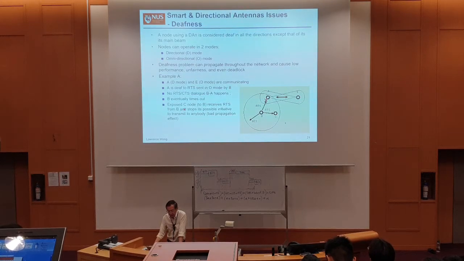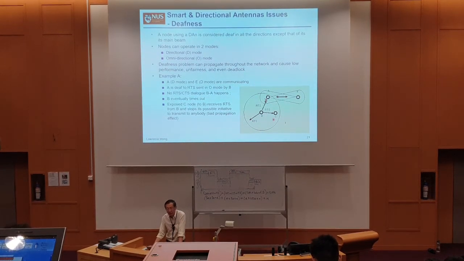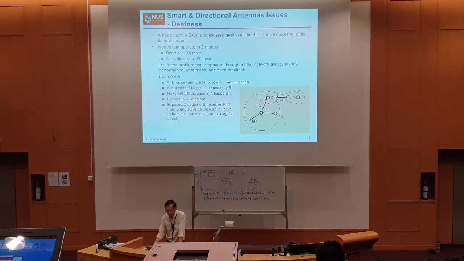So you have this problem, the so-called deafness. On the other hand, the exposed node C, this is the exposed node C, receives the RTS from B and stops its possible initiative to transmit. So this is the exposed terminal now. Because he heard the RTS, he says, okay, I'll be a good boy, I will not disturb the guy. Okay?